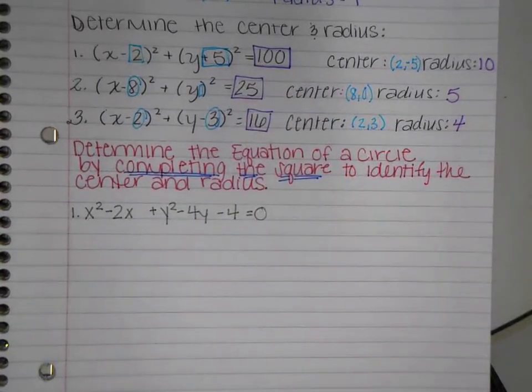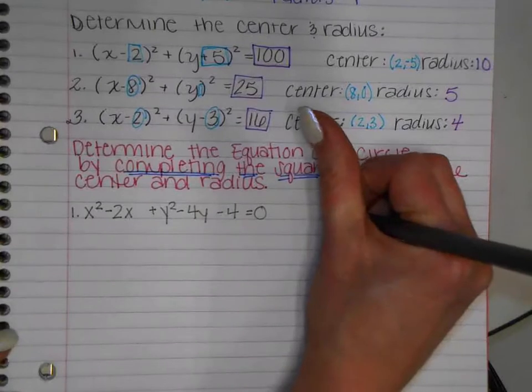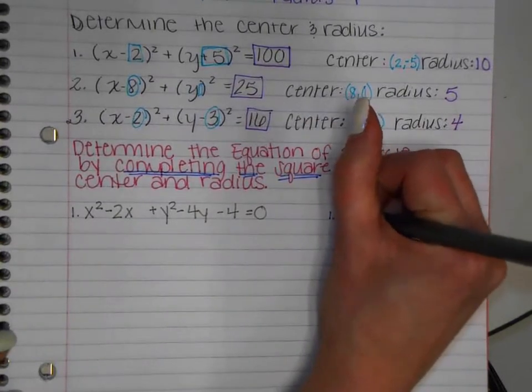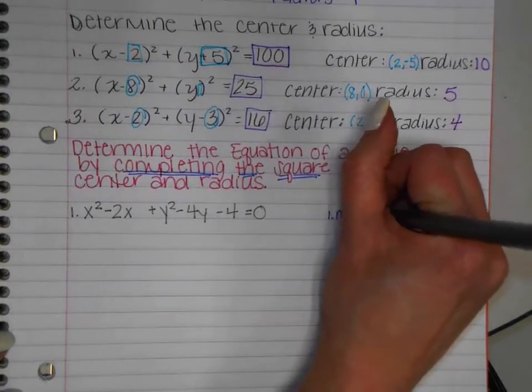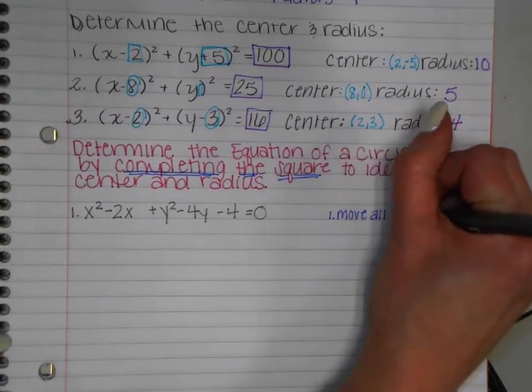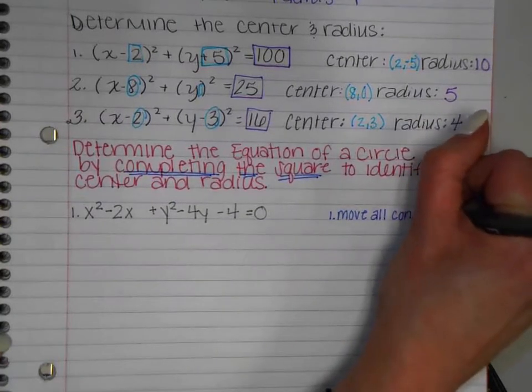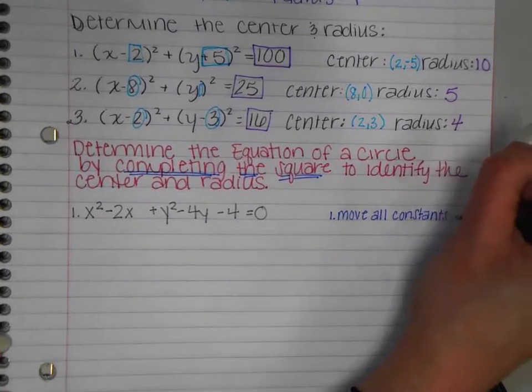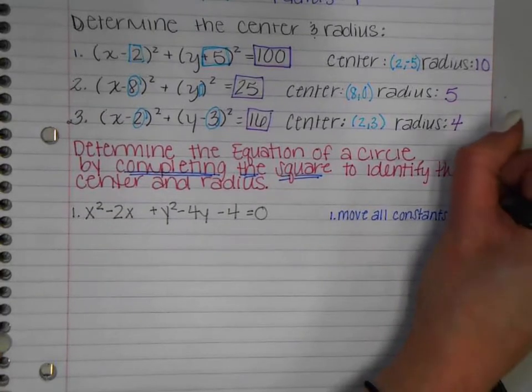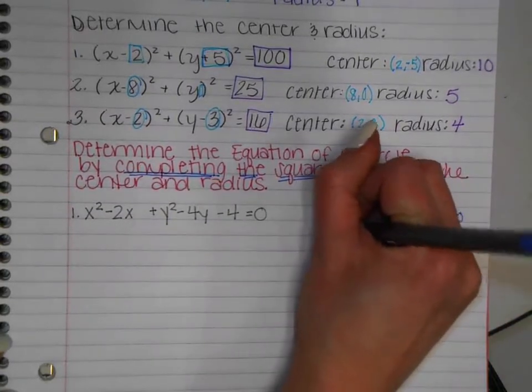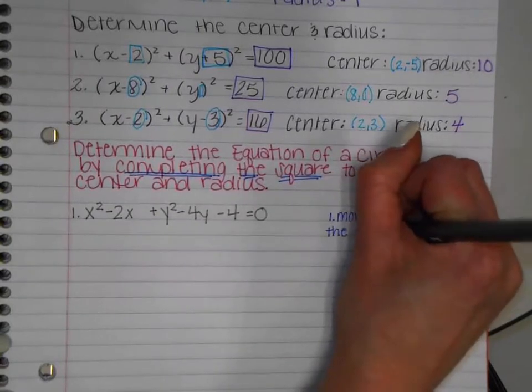Alright, completing the square. Step 1. Move all your constants to the other side of our equation.